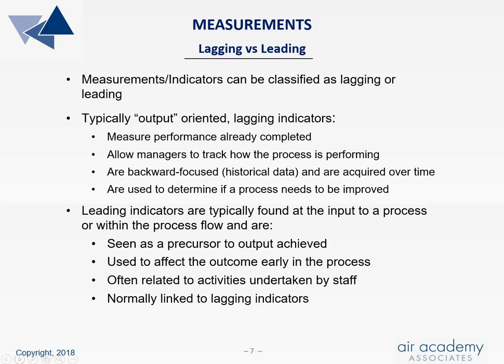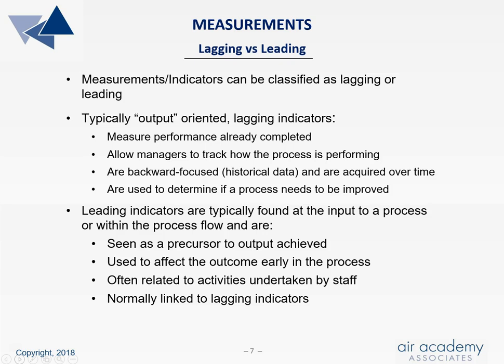Leading indicators can predict the quality level that will be achieved at the output and consequently will influence the value of the lagging indicators. These leading indicators are related to actions inside the process or at the input of the process that will have an impact on the output.